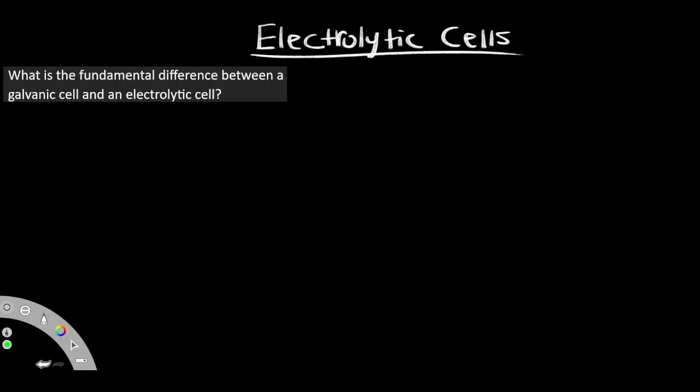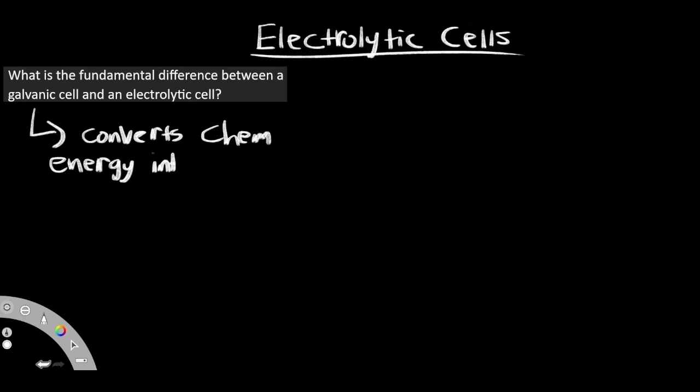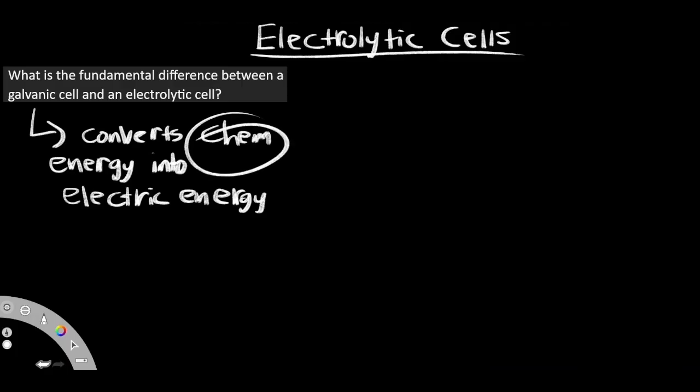So to conclude on that note, what is the difference between galvanic and electrolytic? Obviously, the galvanic converts chemical energy into electric energy. So this is like within a battery. We have a lot of chemicals within that battery, and in order for that battery to become useful to us, it needs to turn it into electric energy so that it's to our benefit.